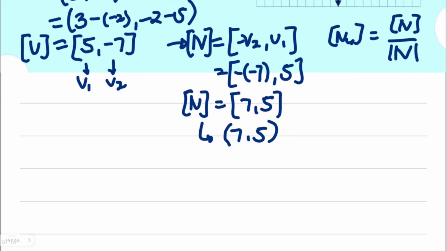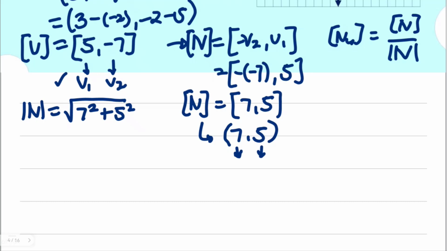So the length of your normal vector is the square root of the squares of your first and second components. I'm not going to use v sub 1 and v sub 2 because it was already used in determining the normal vector from a direction vector. So basically, it's just 7 squared plus 5 squared.